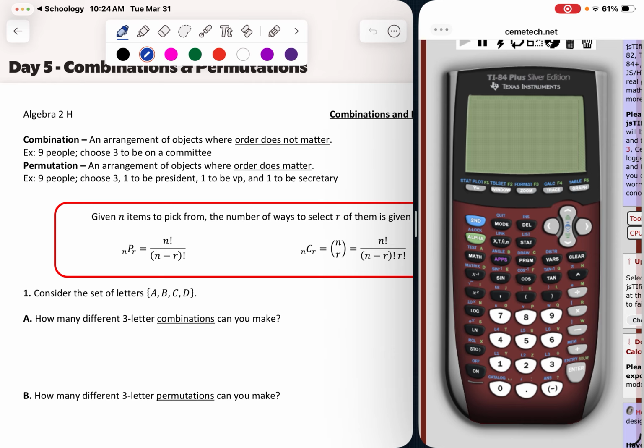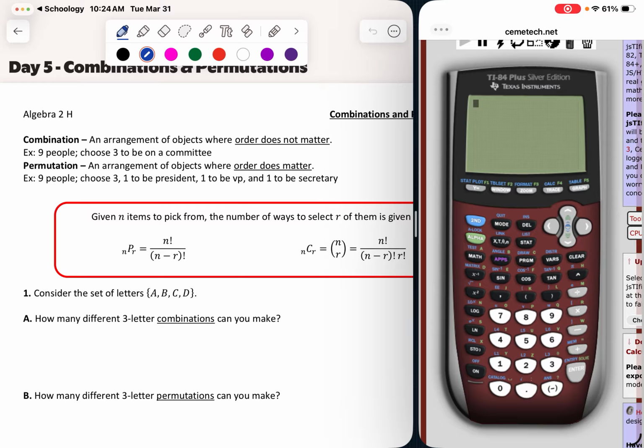So that means that if I chose Bobby, Sally, and Carl to be on the committee, and those are just the 3 people I chose, it doesn't matter if I chose Bobby, Sally, Carl or Sally, Carl, and Bobby. That's the same picking. That's a combination. That's the same choice.